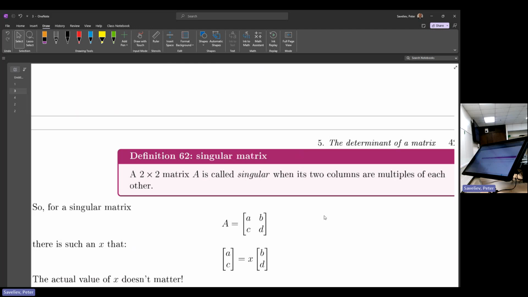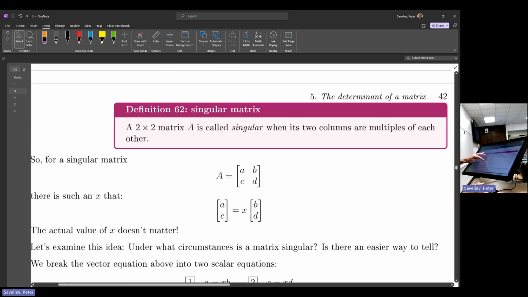It doesn't matter what X is, it creates this relation between the two columns. It creates the relation between the two places where the basis vectors go. And therefore, if there is such an X, then we have a problem because the two vectors come together, and then there's a collapse.